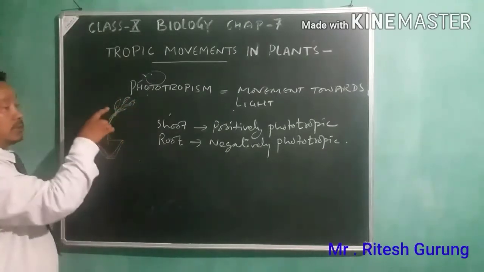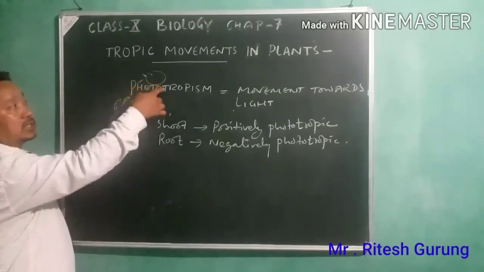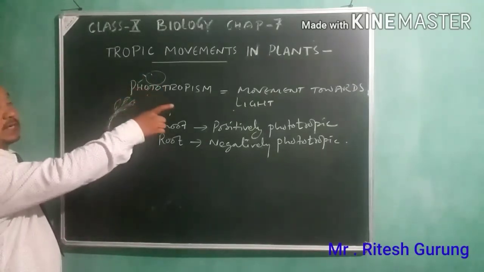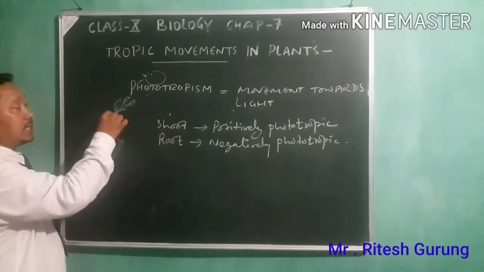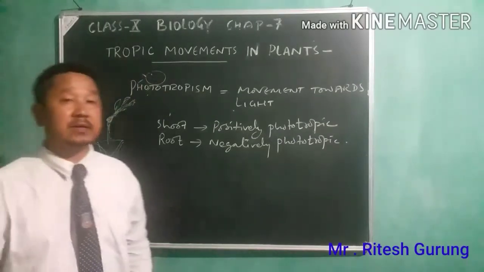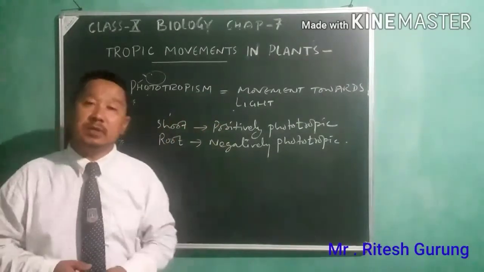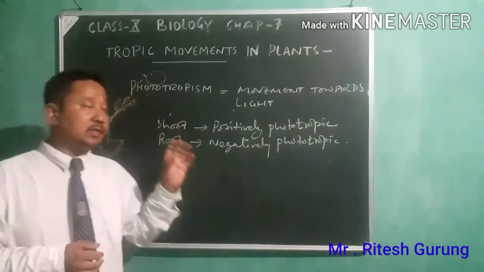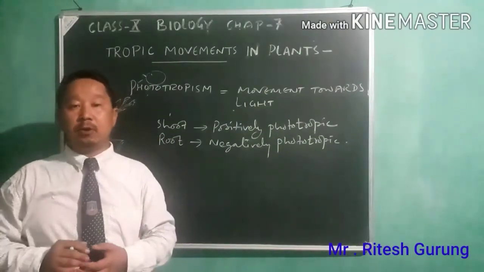In order to make the plant bend towards the source of light, auxins play a very important role by getting accumulated in this region which is not facing the light. Auxins stimulate rapid cell elongation.